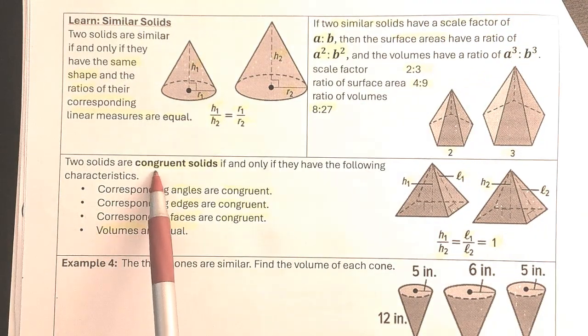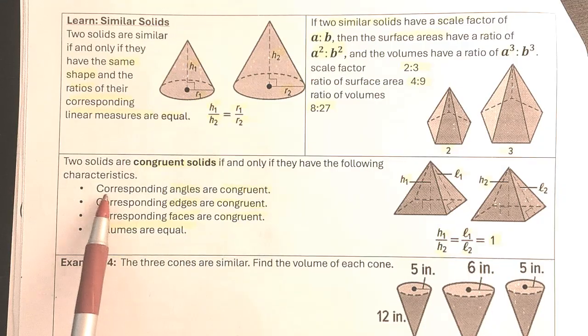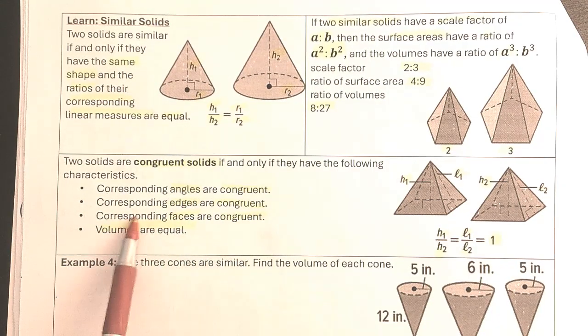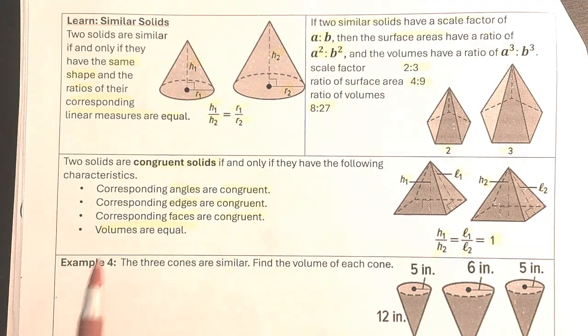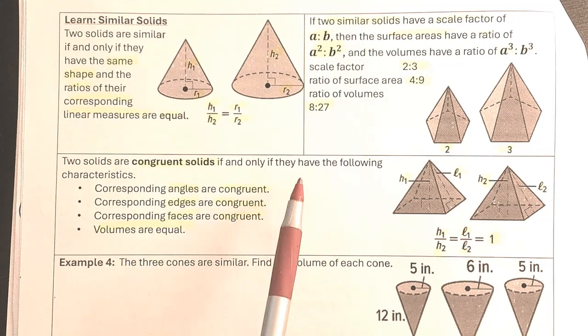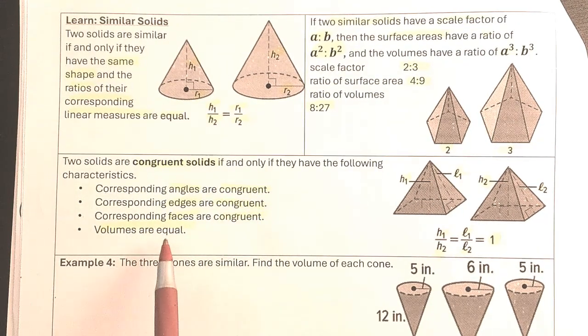All right, so two solids are congruent solids if and only if they have the following characteristics. Corresponding angles are congruent, corresponding edges are congruent, corresponding faces are congruent, and the volumes are equal. So it goes further here because we've talked about congruent figures and they'll have bases and sides.